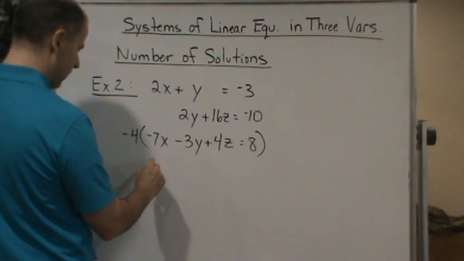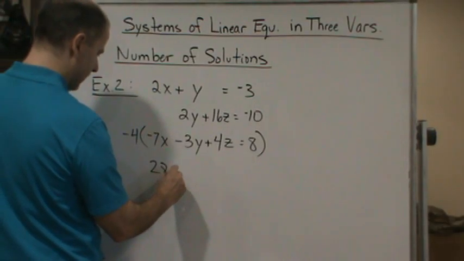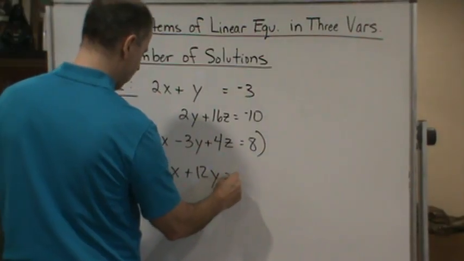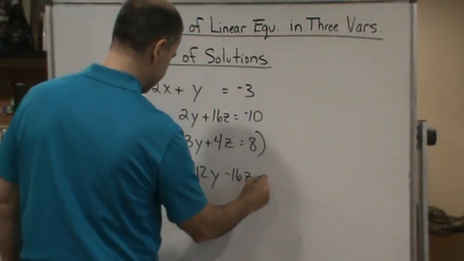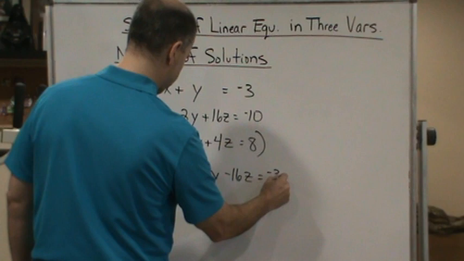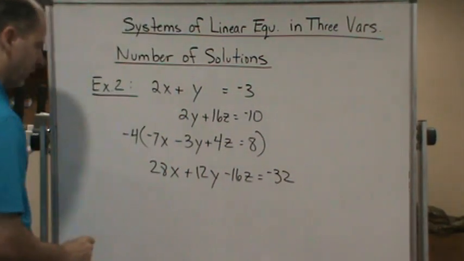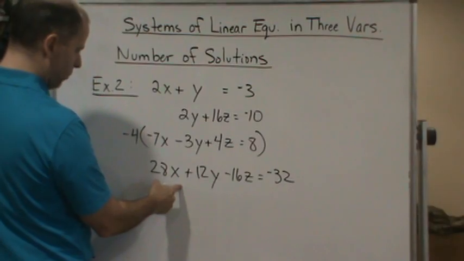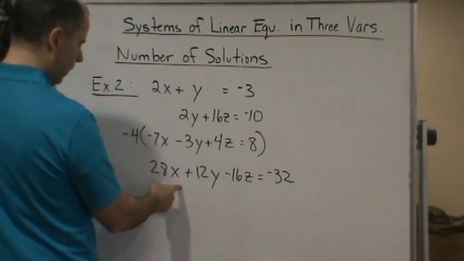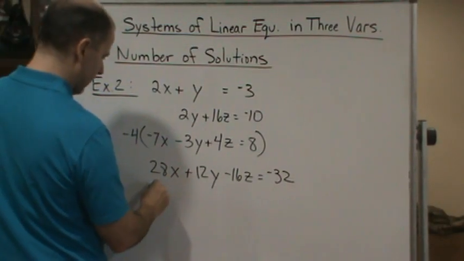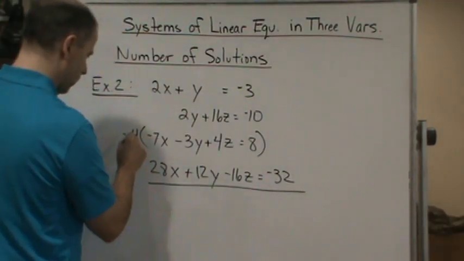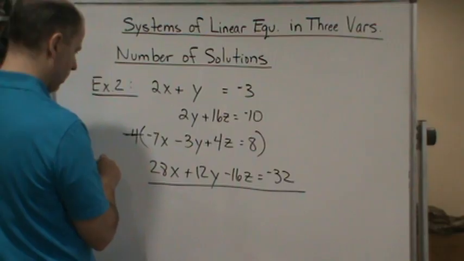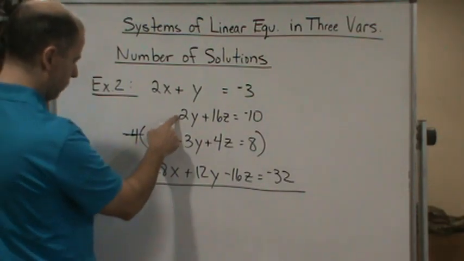Okay, so that's going to give me what? 28x plus 12y minus 16z equals -32. Okay, and so if I add the second one and the third one now, what do I get? Let's just add down.